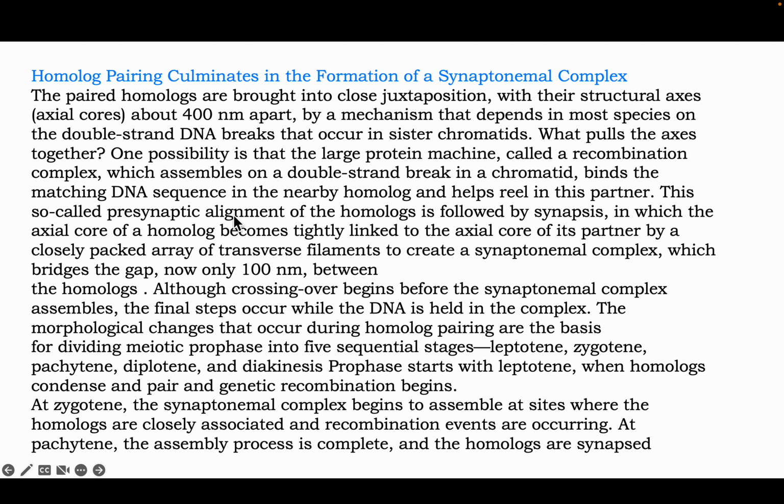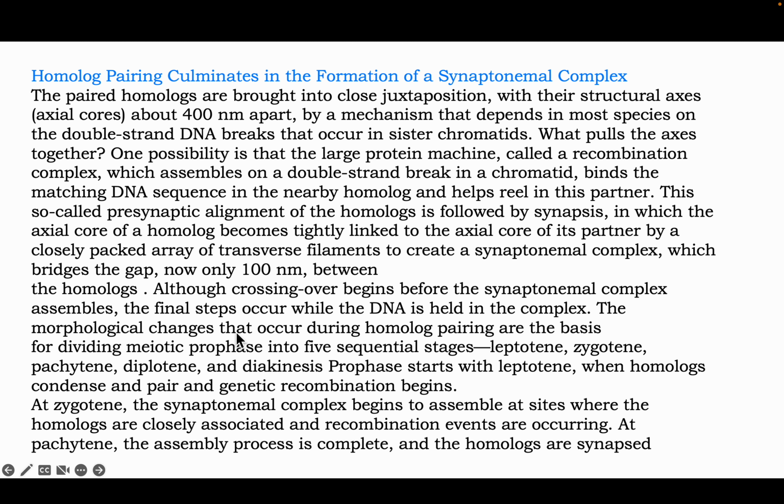This so-called presynaptic alignment of the homologues is followed by synapsis, in which the axial core of the homologue becomes tightly linked to the axial core of its partner by a closely packed array of transverse filaments to create the synaptonemal complex, which bridges a gap now of only 100 nanometers between the homologues. Although crossing over begins before the synaptonemal complex assembles, the final step occurs while the DNA is held in the complex.